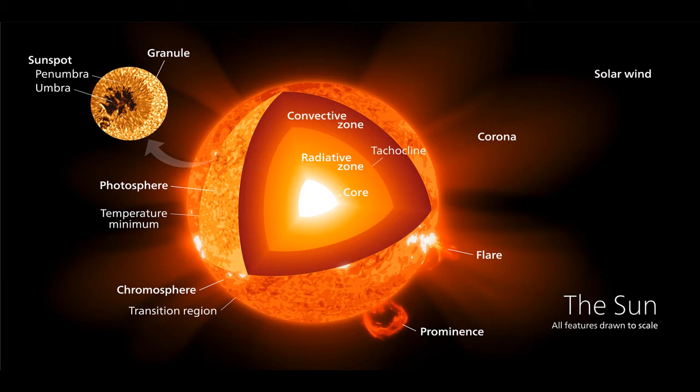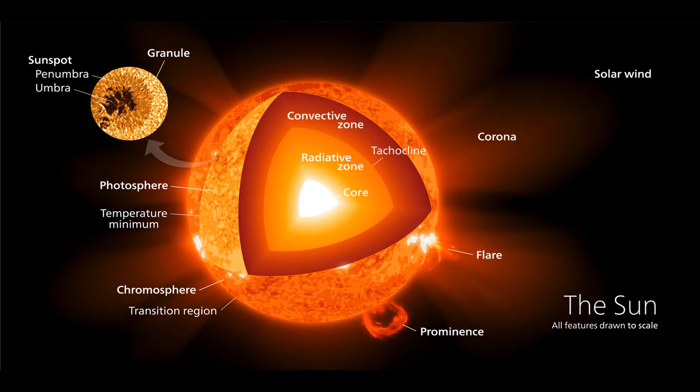Hot regions rise to the surface and cooler regions sink back down. Imagine filling up your bathtub with hot water. The water convects as the hot water moves round and round to the cooler regions, and so on and so forth. So the convective zone is where the stuff in the sun is convecting, literally.